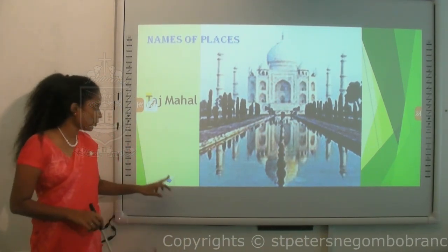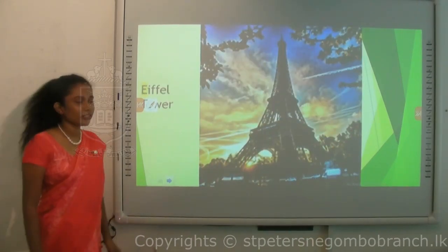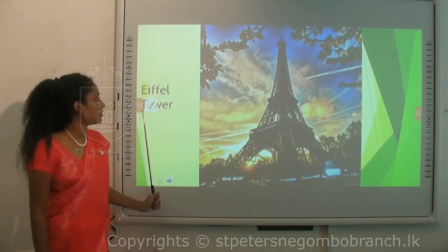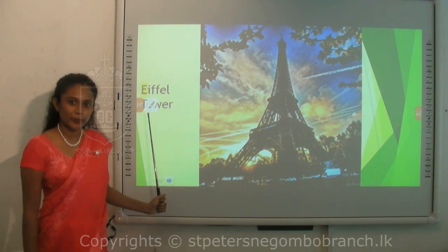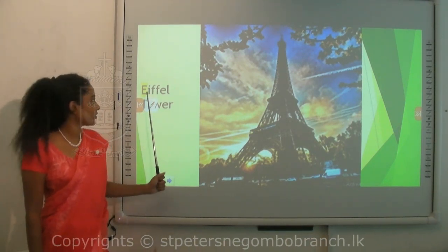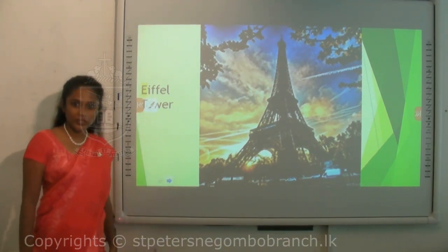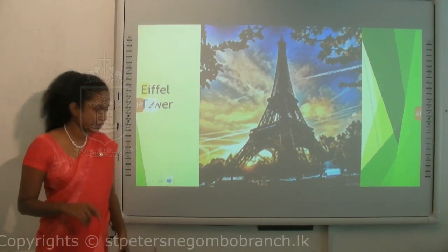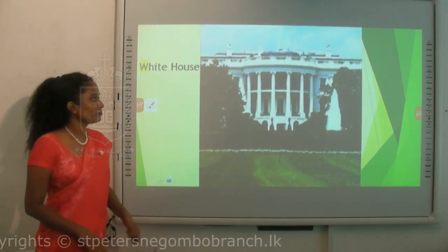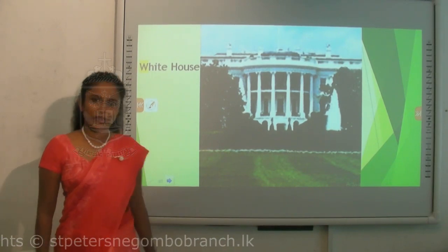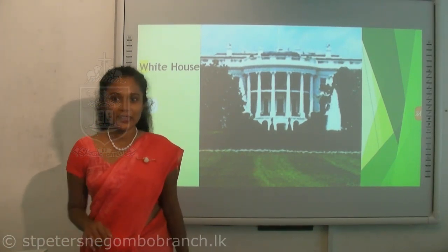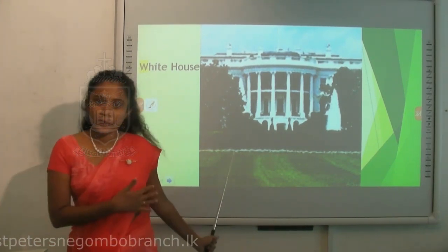There are some more. Eiffel Tower, E and T are also capital, the first letters. Keep remembering. Next one, White House. Where is this place? Can you see this place in Sri Lanka?